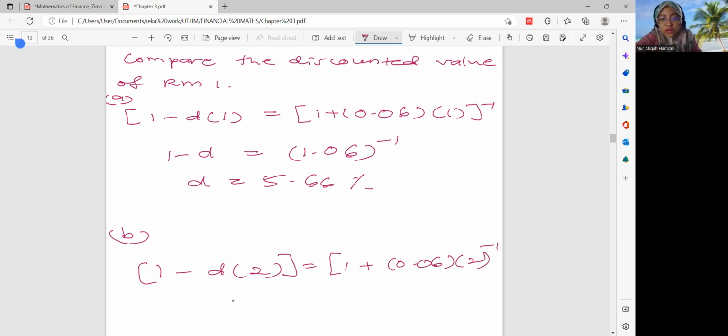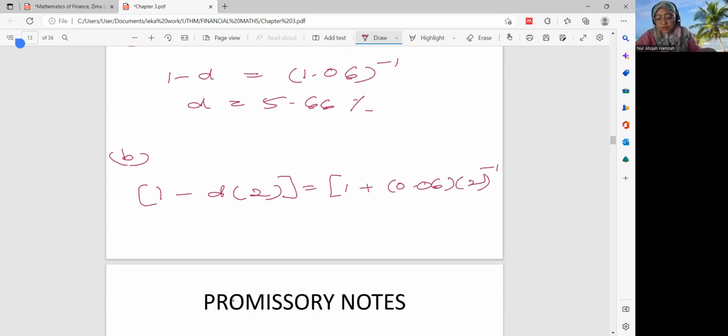So we have 1 minus 2D is equal to 1.12 to the power of negative 1, and the final answer is D is equal to 5.36%. Okay, so this is the difference between when you do interest rate and discount rate.